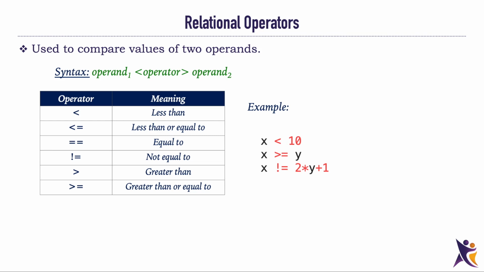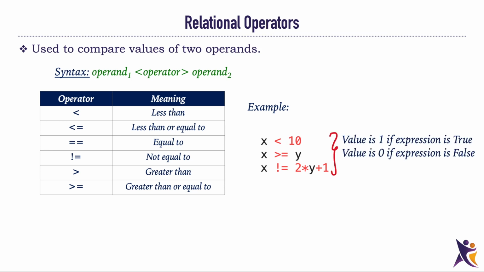Each of these conditions evaluates to either true or false based on the values of x and y, right? So if a condition returns true, the value of that condition or expression is 1, and if a condition or expression evaluates to false, the value of that expression or condition is 0, right?